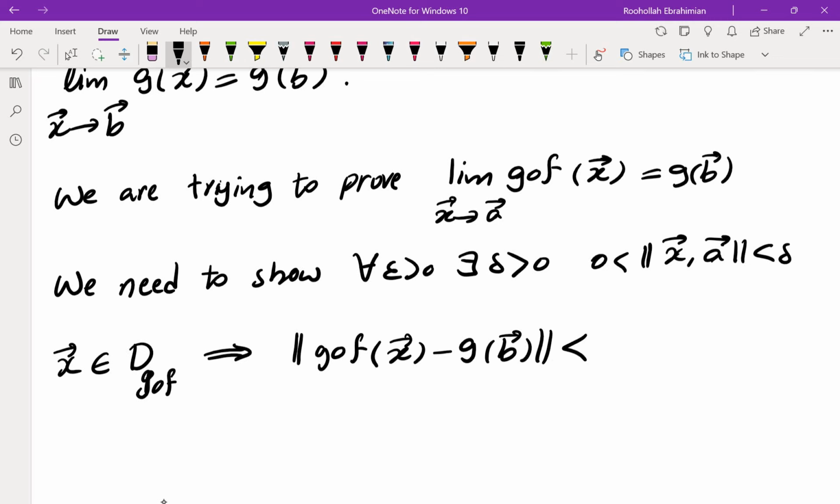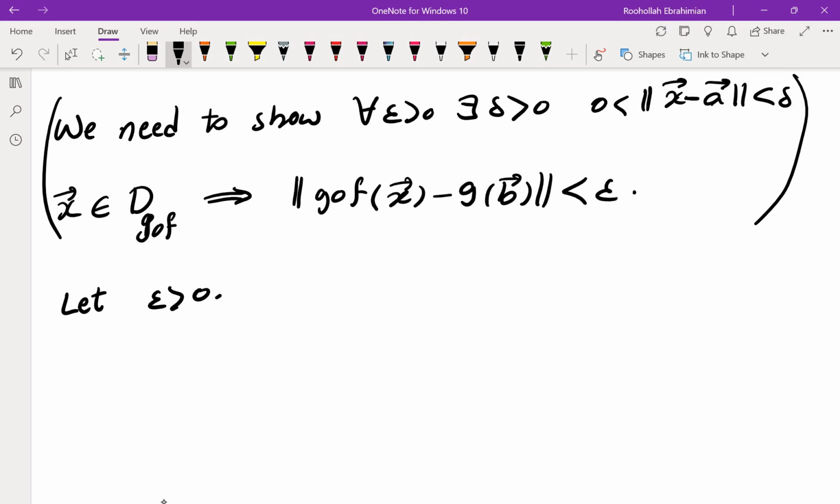Okay, so this is what we're trying to show. So how do we show this? We're going to have to start from epsilon positive, and then we're going to have to come up with delta. Okay, so what do we need to do? We need to show that g of f of x approaches g of b. Now we know that the limit as something approaches b of g of that would be g of b. So we're going to have to use continuity at point b for g first. So let epsilon be positive.